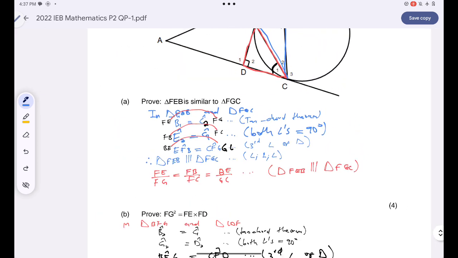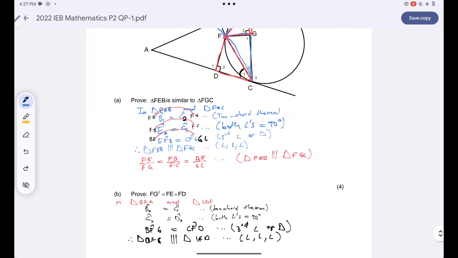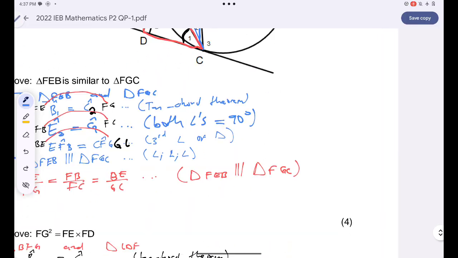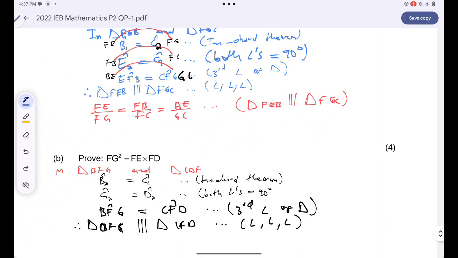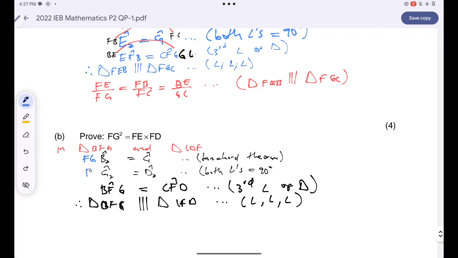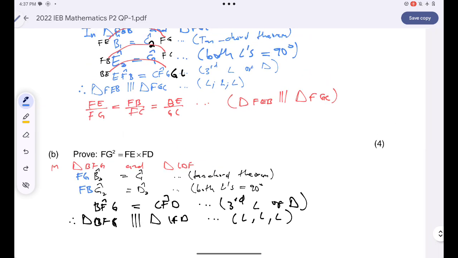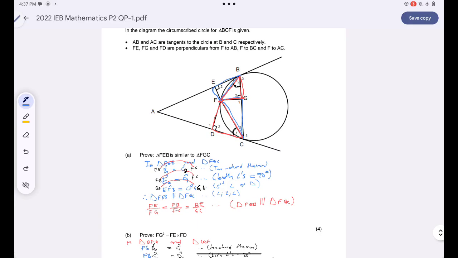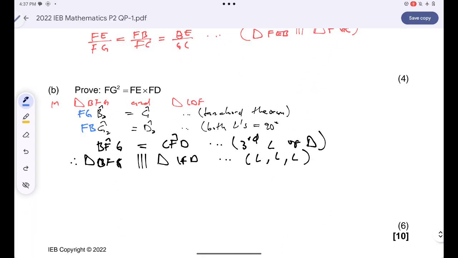If the two triangles are similar, then the corresponding sides are in the same proportion. So if we focus on triangle BFG, B2 is subtended by FG, and G2 is subtended by FB, and angle BFG is subtended by line BG.